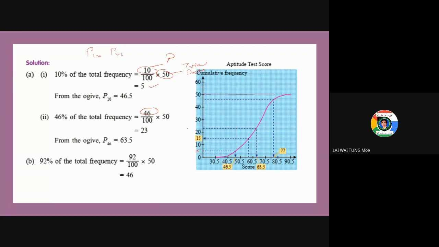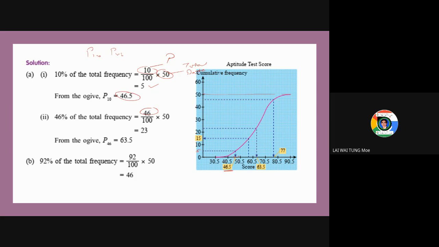After you find your 5, just like how you find the first quartile, the median and the third quartile, draw a straight line to your ORGIF and then go down to your x-axis to read this point. What is the value for this point? It's actually 46.5. So the 10th percentile answer is 46.5.